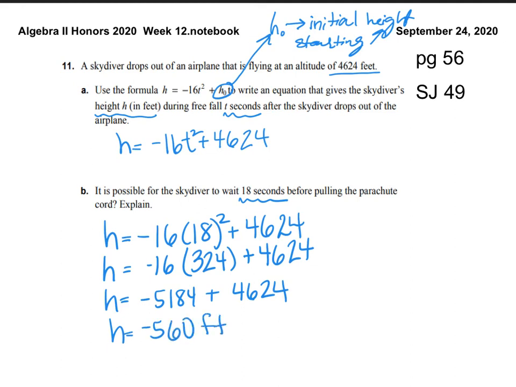So the answer to this is a yes or no. Is it possible for the skydiver to wait 18 seconds? What is the answer if you get an answer of -560 feet?